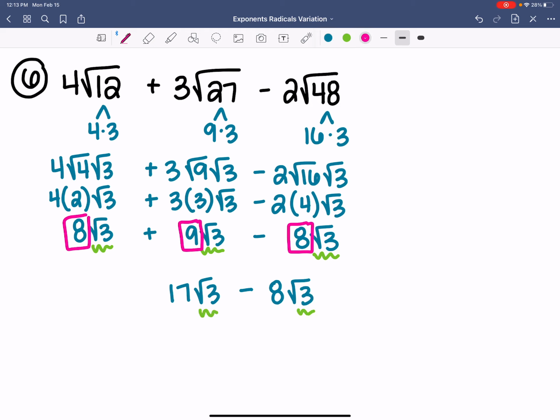We're going to continue to combine those coefficients. So 17 minus 8 is 9, and we have that common square root of 3. So this is the process of simplifying radicals. This is about as complicated as it would get if you are adding and subtracting radicals that do not have the same radicand.